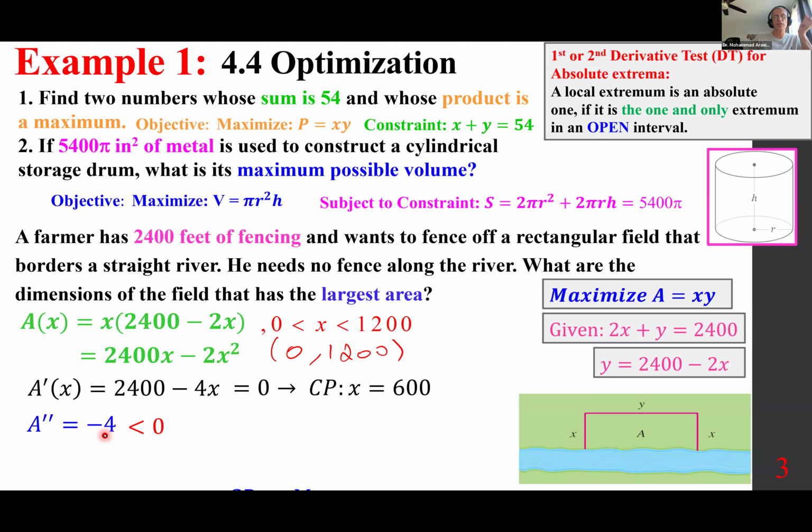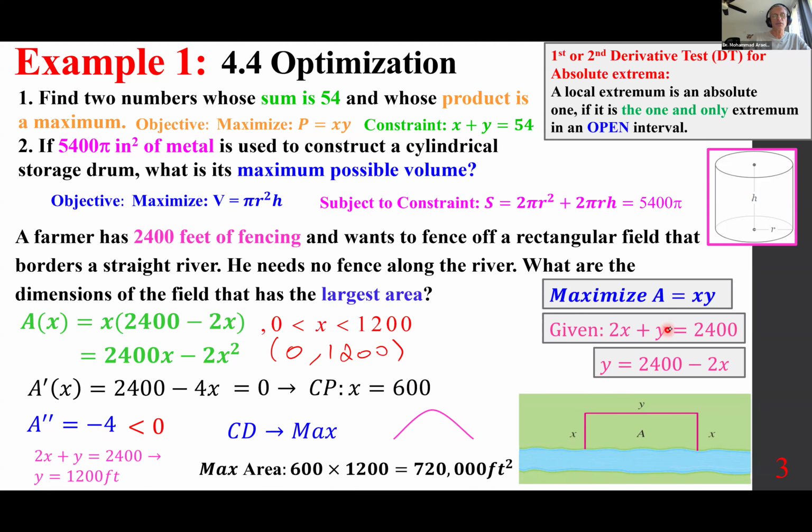That means it's concave down, so the maximum occurs, because concave down looks like that. So the maximum occurs when x is 600. Put it in the objective function: y becomes 1,200 feet. So 600 by 1,200 gives us the maximum area of 720,000 square feet.